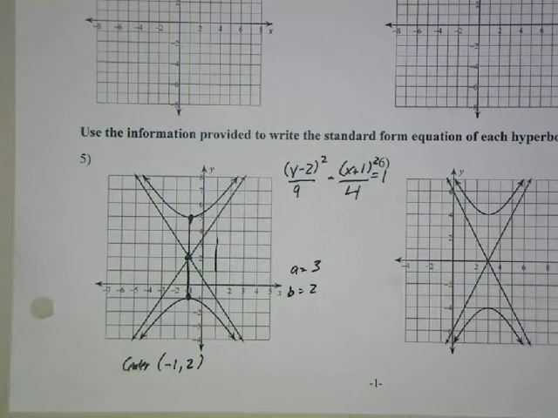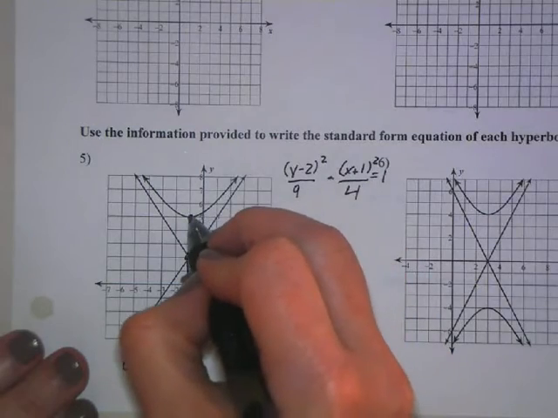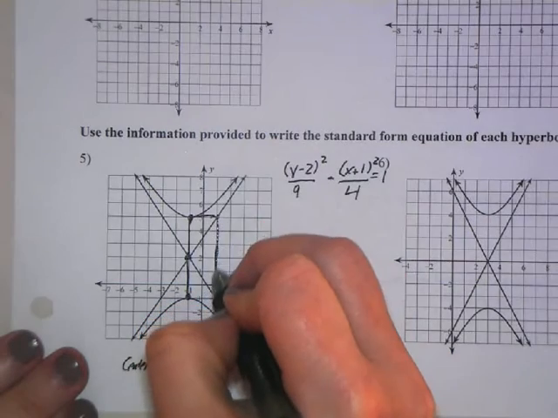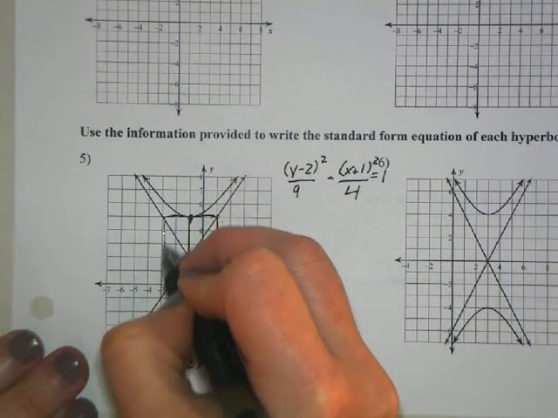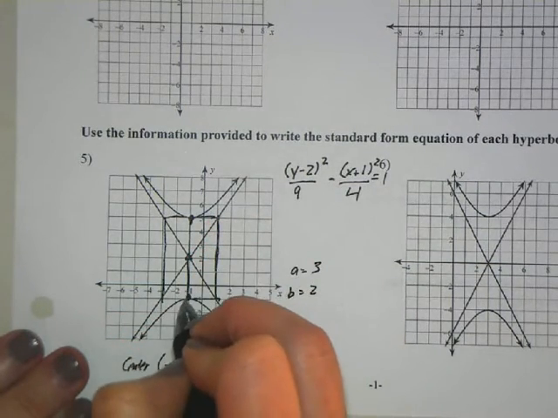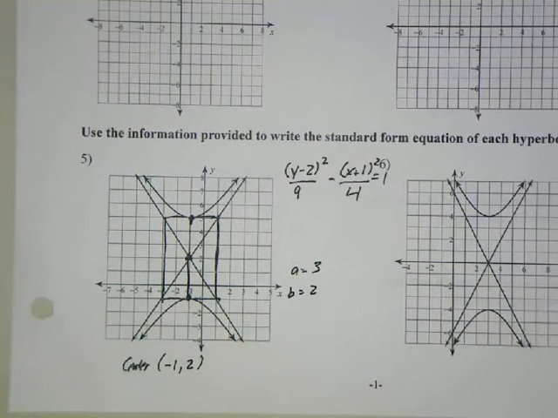Okay. How can you determine your box? I drew the box. These are kind of sketched in for you. If you have trouble, use the asymptotes to see where, as you go across, I can see the box. It's hard to see the box on these lines, so just use the vertex, and if you just go over until you hit the asymptote, that has to be the corner of the box.